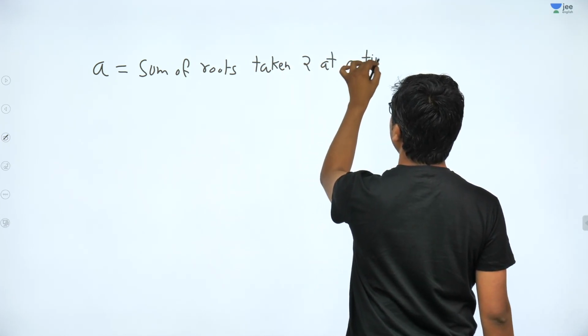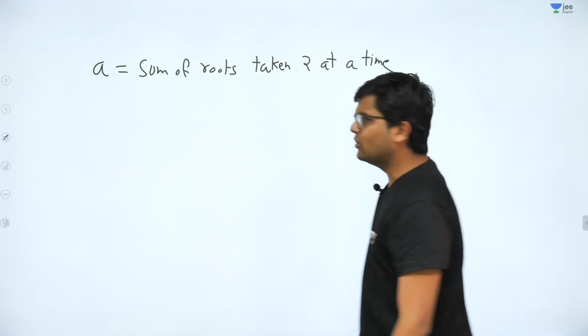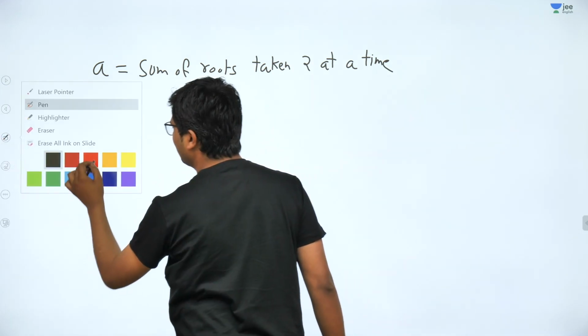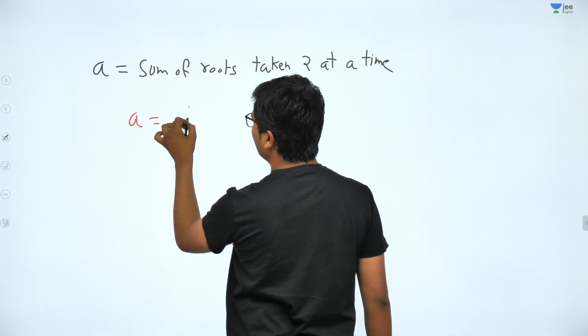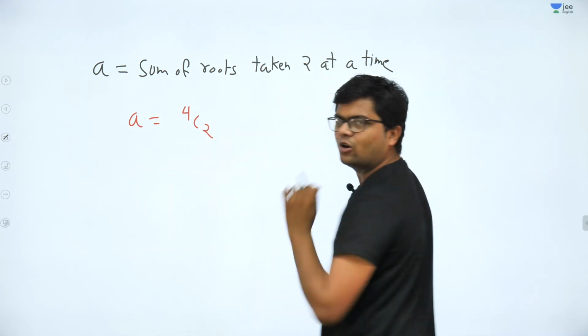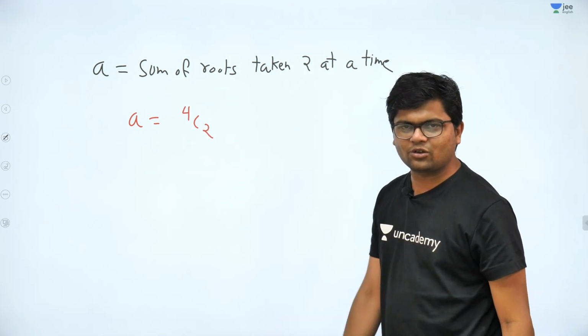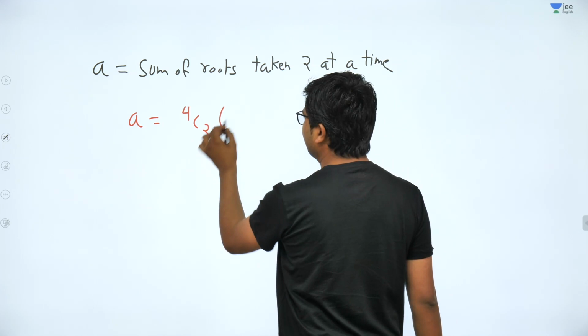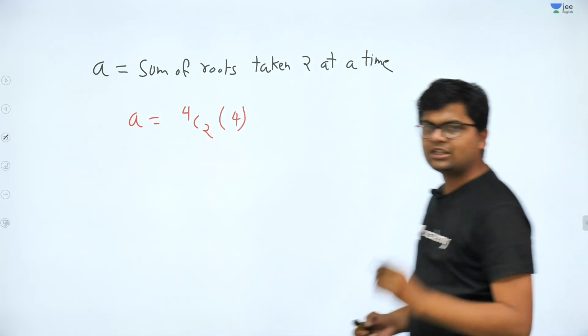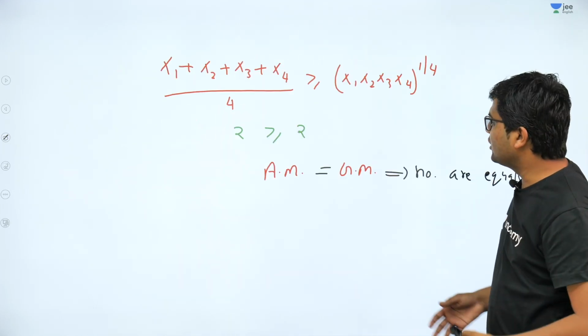This is the basic understanding of a. So a is 4C2, the possible ways of taking 2 roots at a time, because there are a total of 4 roots, and in each case the value will be 4, because the roots are equal.